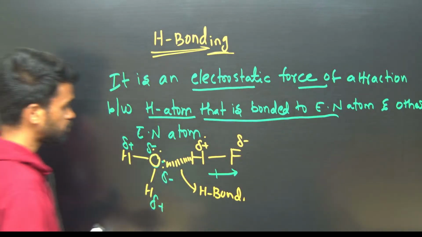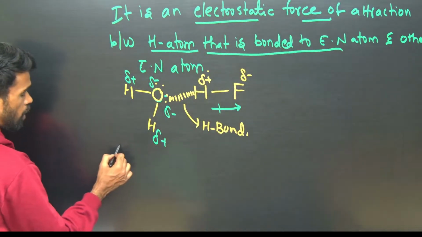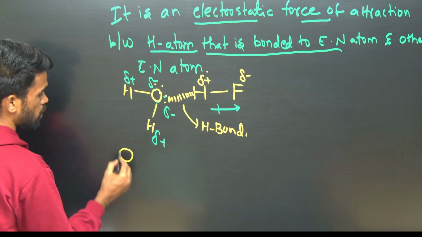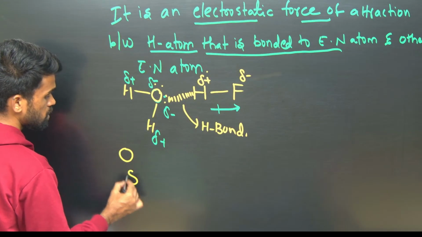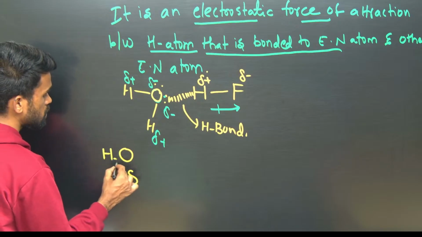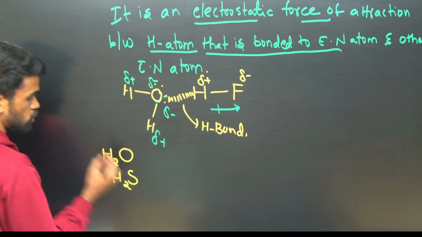Now we know water, see, oxygen belongs to which group? The 16th group. What are the other elements we have? Sulfur, like this. The hydride of oxygen is H2O, similarly the hydride of sulfur is H2S.